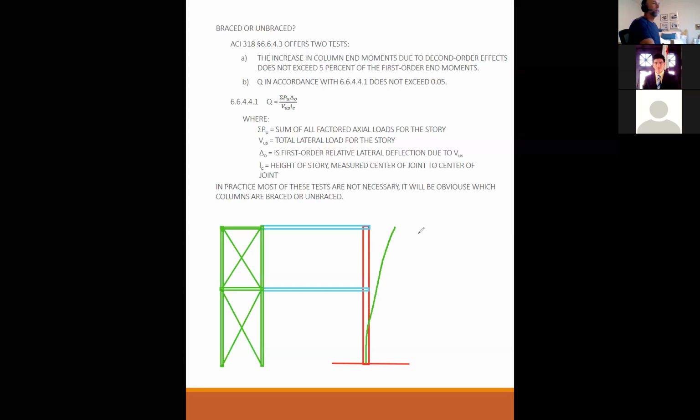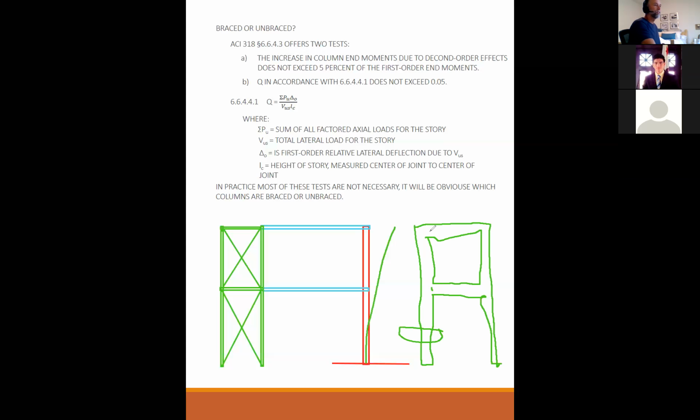Now, if it has moment connections, like you said, say this is your frame and you're trying to design this column, then this is most definitely unbraced.